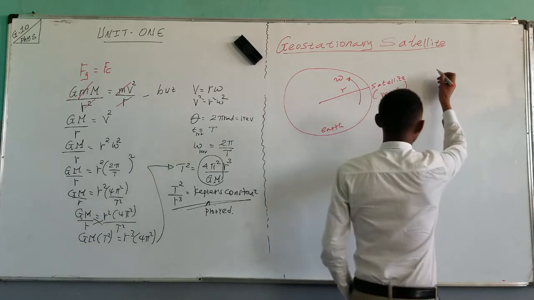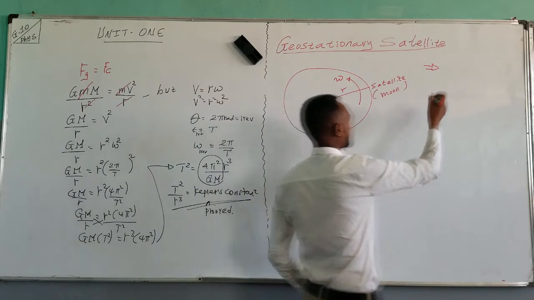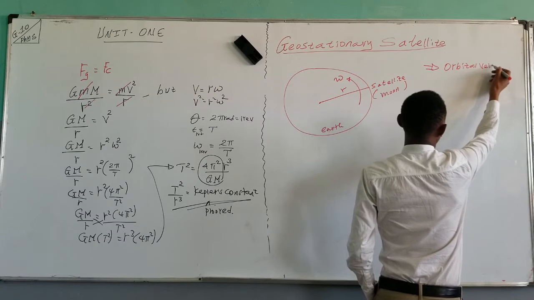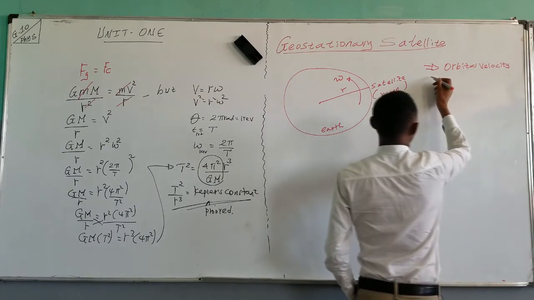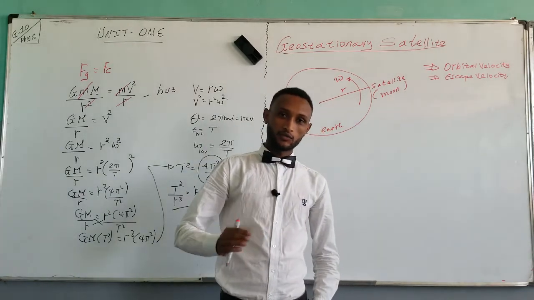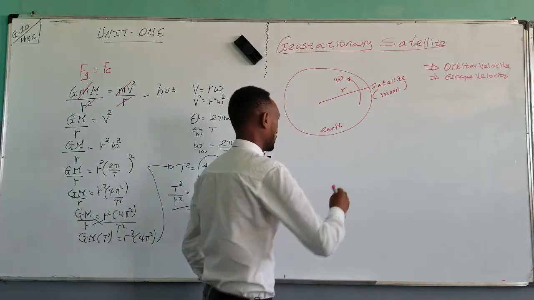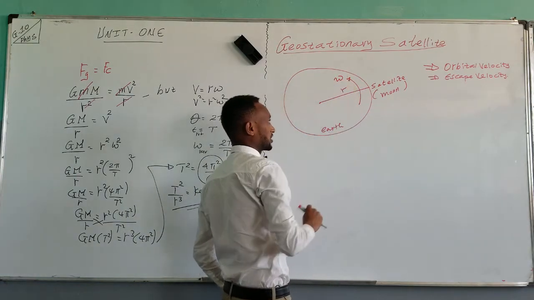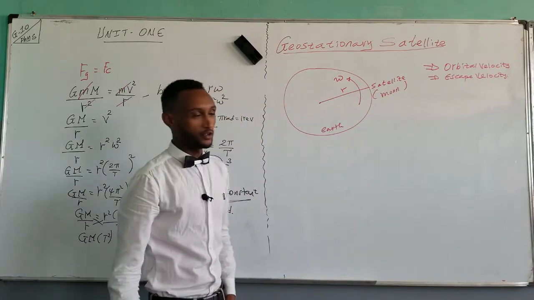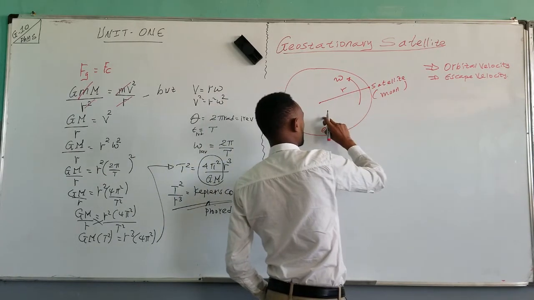Under this topic, we can see two velocities of the satellites. The first one is the orbital velocity, and the second is the escape velocity. Orbital velocity is the speed of the satellites when they orbit around the Earth. In that case, you take the distance between the Earth and the satellite.